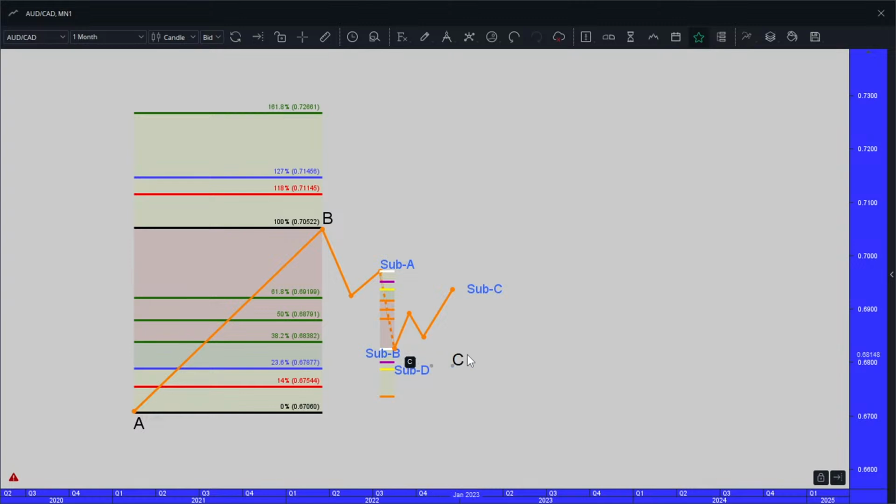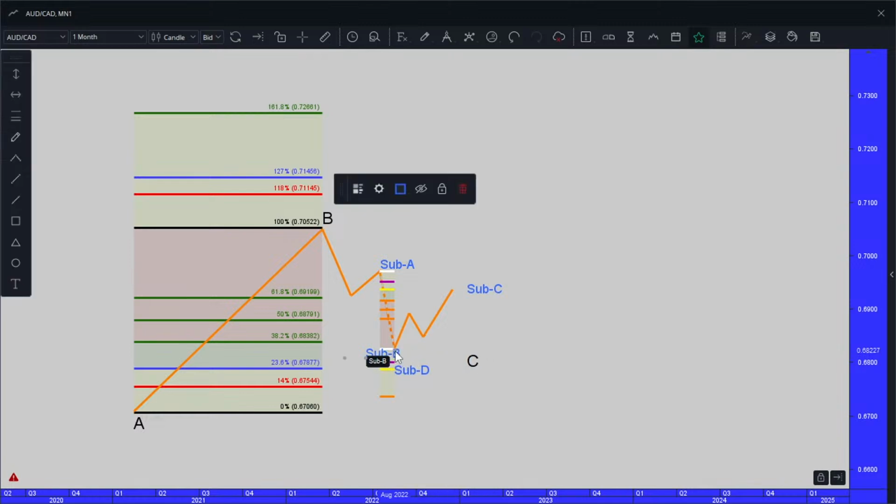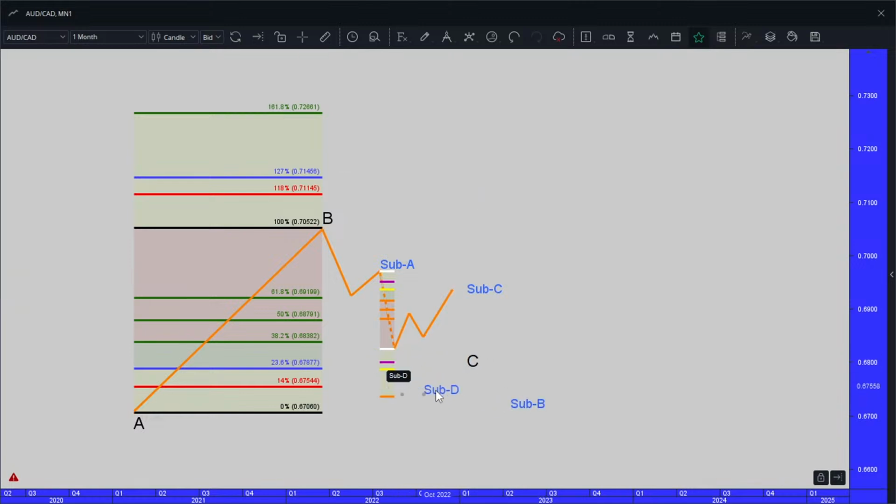Everybody, what does the slide about the contrarian Fibonacci explain?